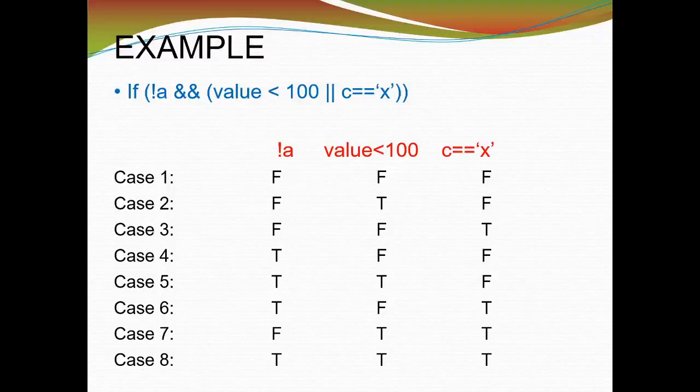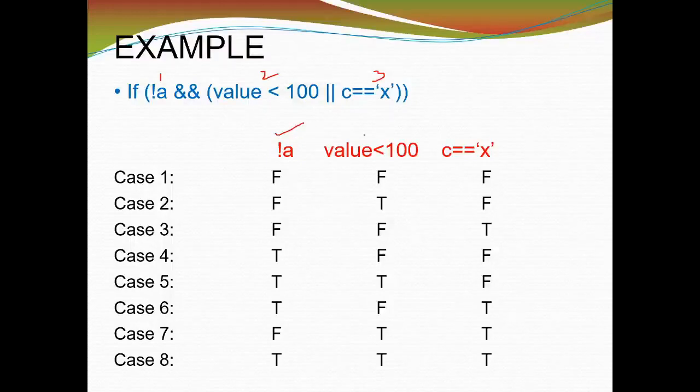See this example. There are three conditional statements. This is condition 1, condition 2 and condition 3, which are combined into a single statement. To understand all the possible paths of this condition, you can form the truth table.